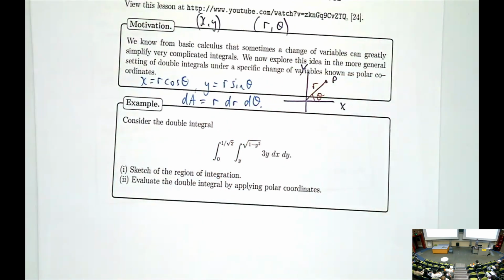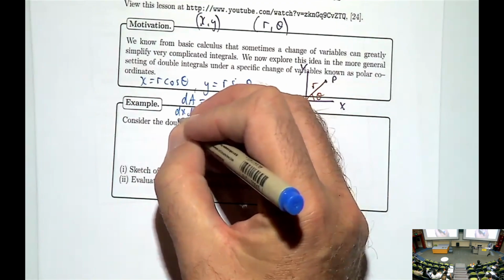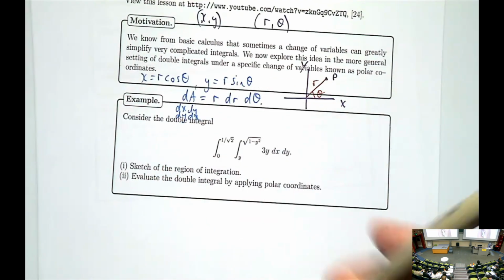It's this form, r d theta. R d theta. Okay? It's not quite clear why that is, right? So dA in x and y coordinates is either dx dy or dy dx, yeah?